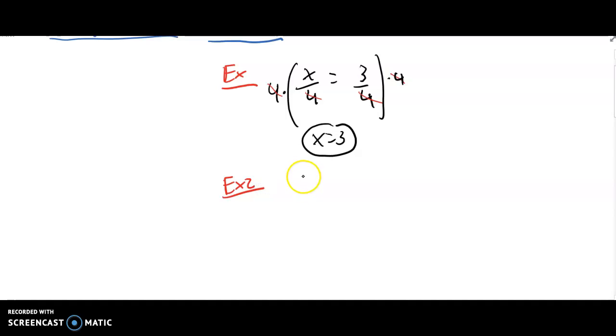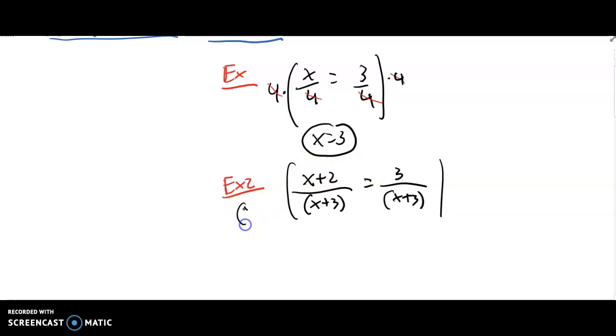What if I have x plus 2 over x plus 3 equals 3 over x plus 3? So again, our guiding principle is we want to get denominators to match. Our denominators already match, so we multiply both sides by x plus 3.